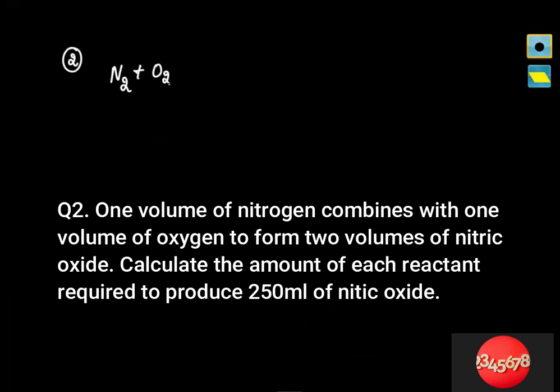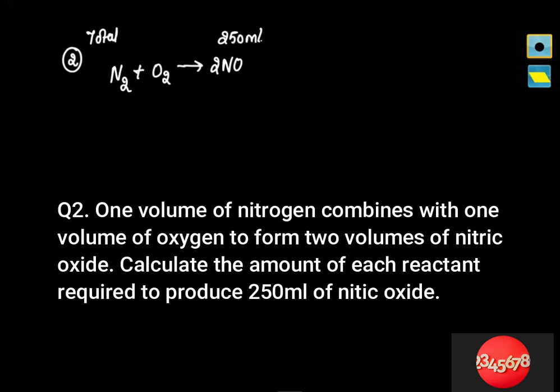Its atomicity is 2 to form 2 volumes of nitric oxide. Nitric oxide means not nitrogen dioxide, nitric oxide, NO. Calculate the amount of each reactant required to produce 250 ml of nitric oxide. Now, total amount of this is given. The product is 250 ml. This is the question.